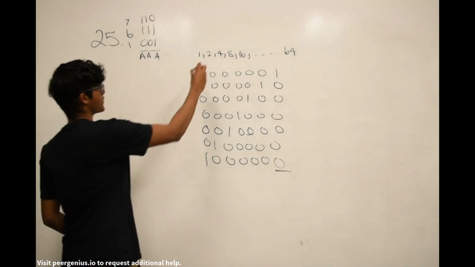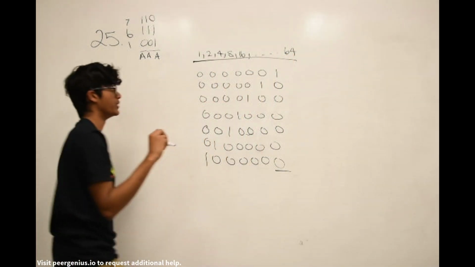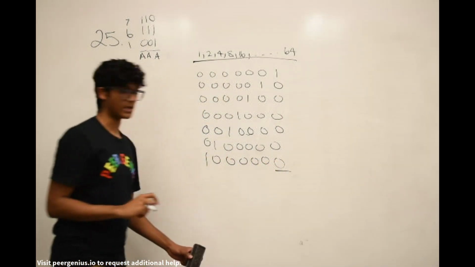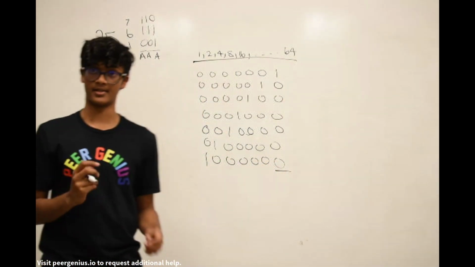So this is an example subset that you would be taking. In all of these, none are going to have an A because all of them have an odd number of ones.